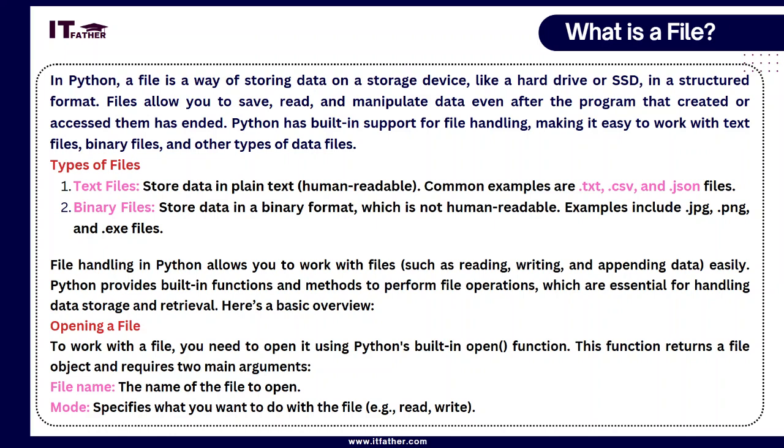But the second type of file is the binary file, which is stored in binary format and not in a human readable format. If you open a binary file, we cannot read the contents directly as they were stored. We can't read the text properly. It is not possible for us to read it.